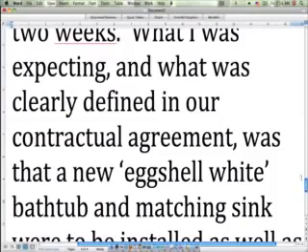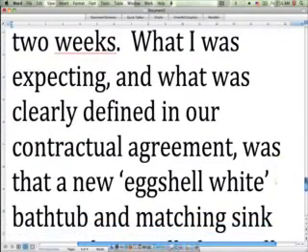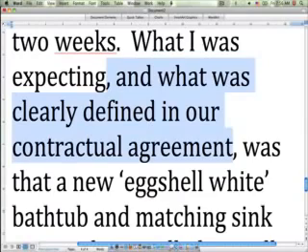So as you can see, it says what I was expecting, and then I have comma, and what was clearly defined in our contractual agreement, comma. Now, a little trick is, if you put a little idea between commas the way that I have here, this could be taken away and the overall sentence would still stand.